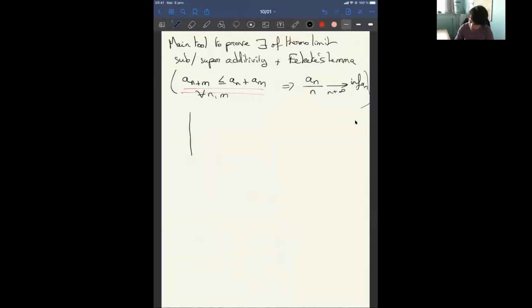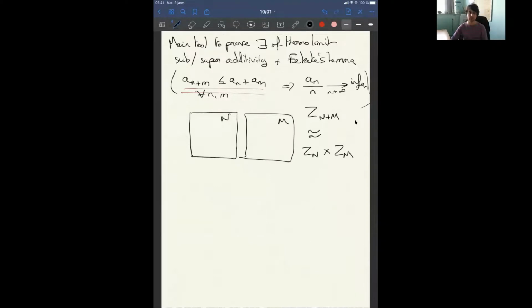Ideally what happens is that if you take a big system that is made of two subsystems, then you may hope that for some reason, if you have n and m particles in each box, then Z_{n+m} is almost a product, because you can imagine that in the big integral, maybe for some reason you can separate variables.